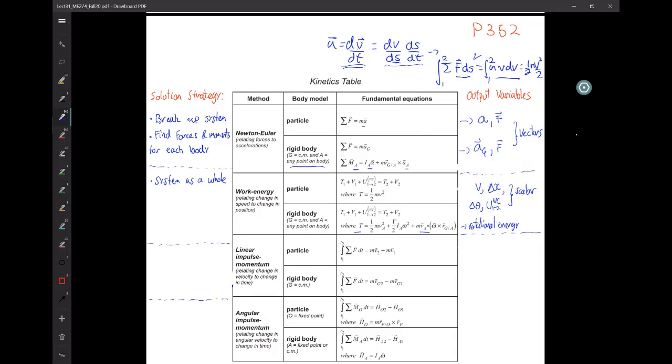That is correct. So there are three things. In Newton-Euler, we cannot forget two forces, conservation principles, and internal forces kind of don't do any meaningful work in a way. That's what you're saying.